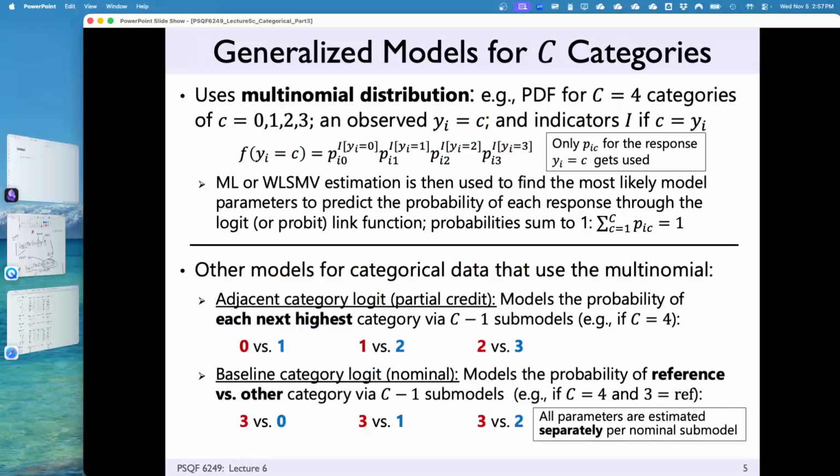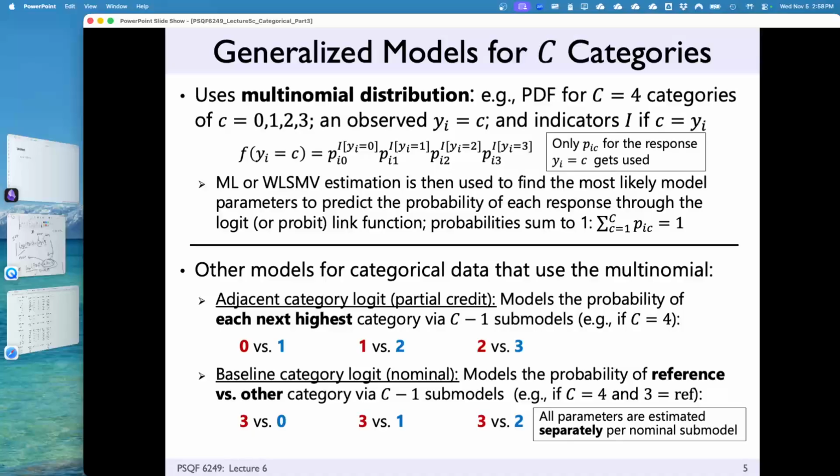Really quick, this is probably something you won't ever pay attention to, but the PDF, or probability mass function, is simply the actual probability a person is equal to that category, raised to whether or not they were at that category. So if you give a response of a 3, this indicator function right here would be a 1, and these other ones would be 0.